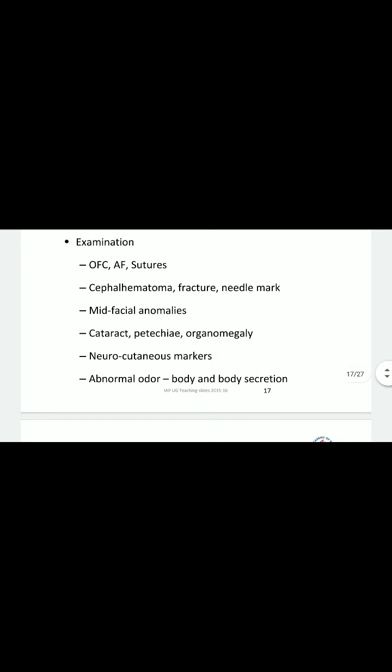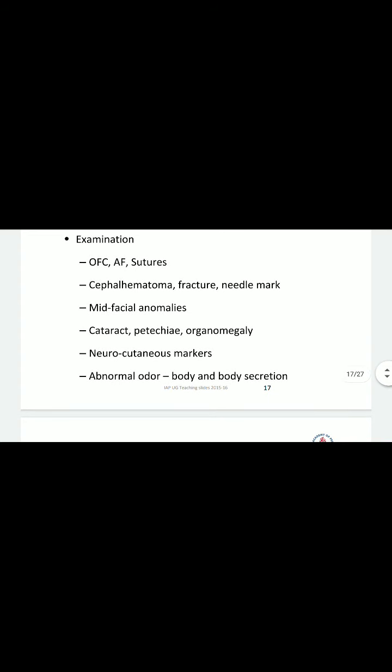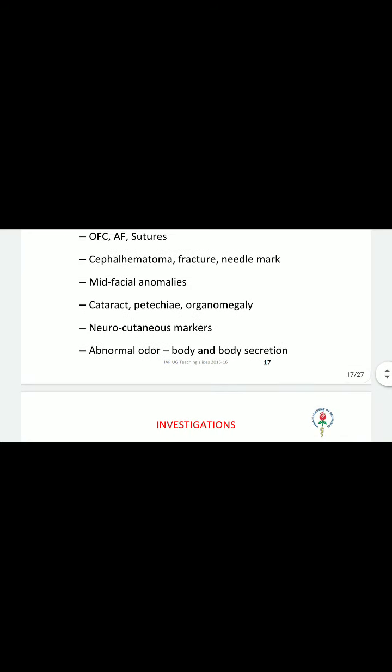If it is very small, microcephaly. If there is a cephalhematoma, it suggests that it was a difficult labor. If there is a fracture, that is an instrumental delivery, and brain damage may be there. Needle mark, if it is there on the scalp, local anesthesia might have been injected into the scalp.